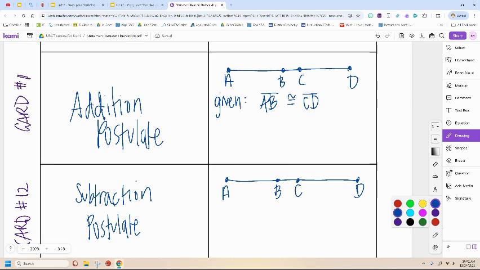Josh, what's the symbol above AB? Is it an angle or a segment? Great. Okay. How do we mark that on our pictures? Tick mark. Great.